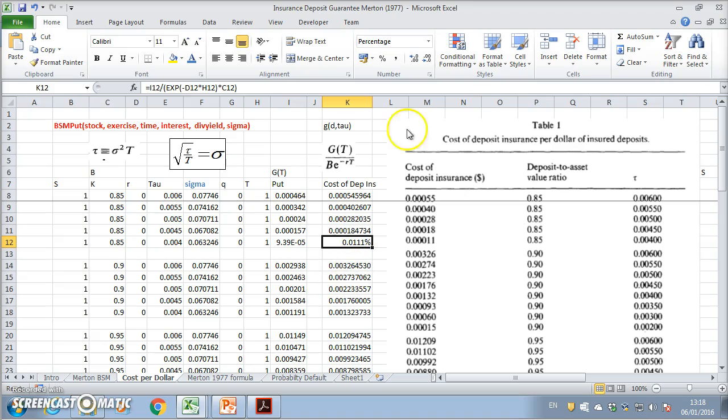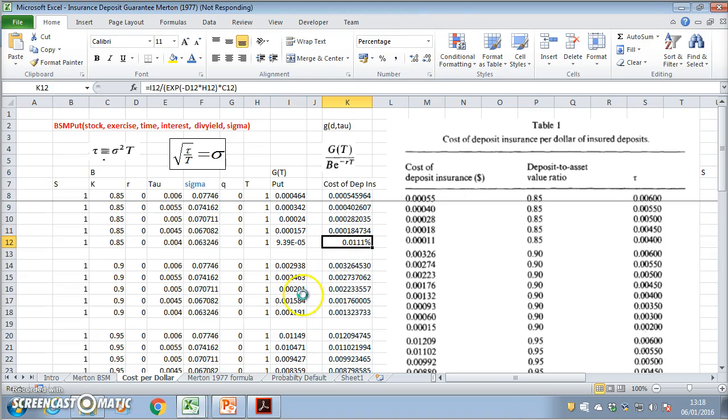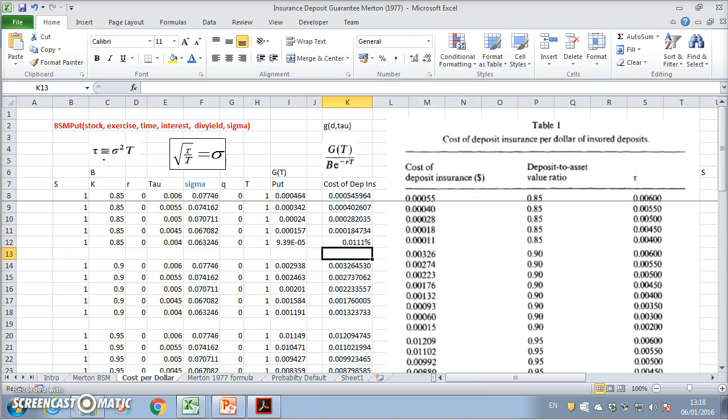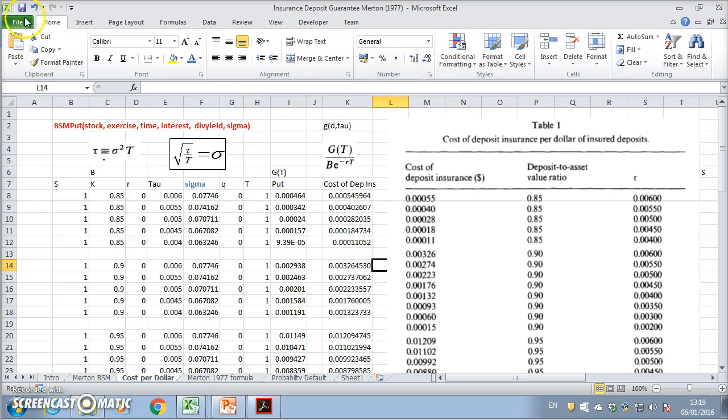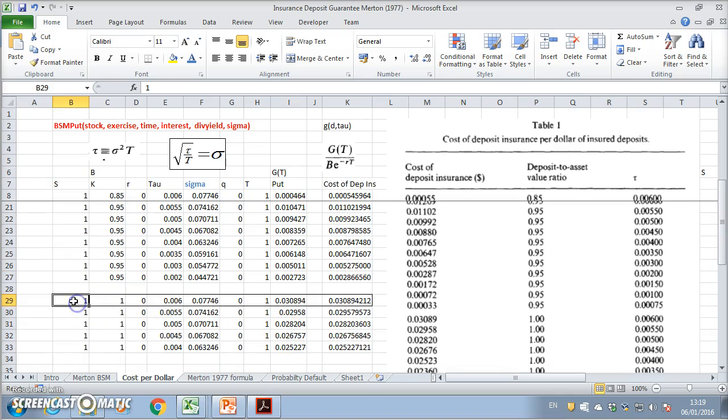Okay, and we'll convert back to decimal. I've highlighted this example here. We'll have a look at this number again.